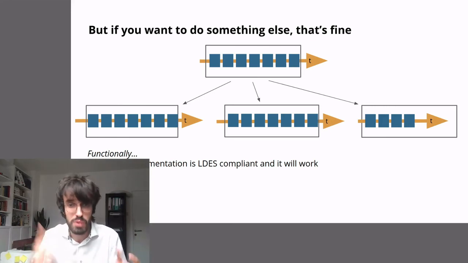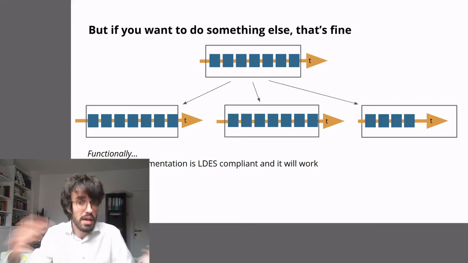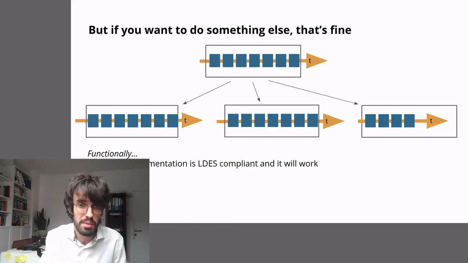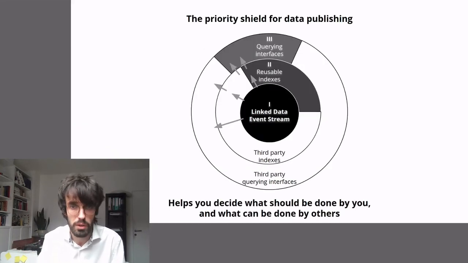So if you want to replicate, that means that in this example you will need to keep polling 4 pages, but still functionally it will work. Maybe it will not work in the most efficient way as I would have imagined linked data event stream in the first place, but there's choice. You can design anything what you want using the hypermedia links that are provided, and it will work.